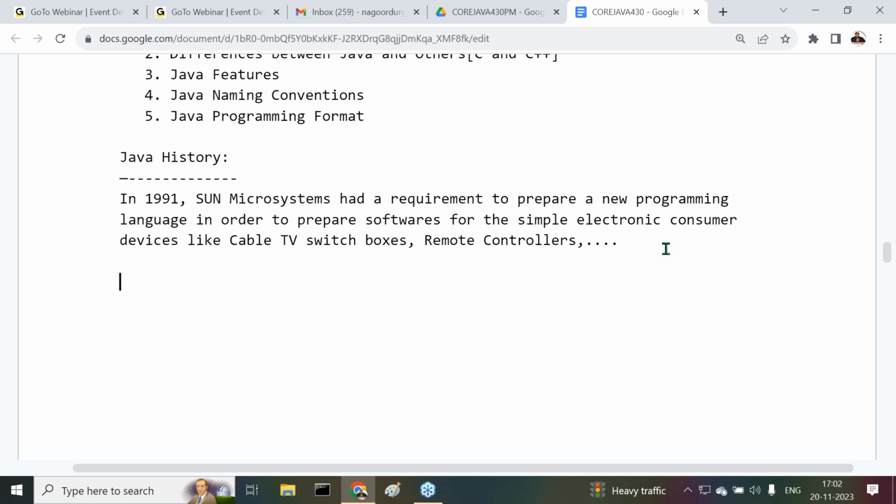To prepare the new programming language, what did Sun Microsystems do?